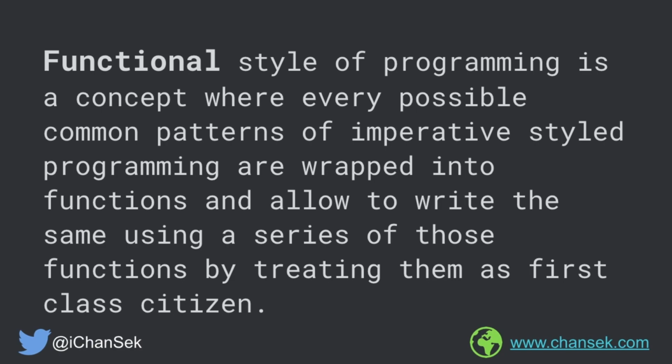And how do we do it? We do it by treating every function as a first class citizen in the programming language. So I hope you understand the definition of functional programming or functional styled programming from this video.